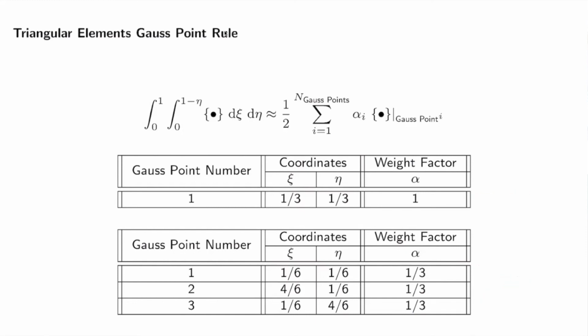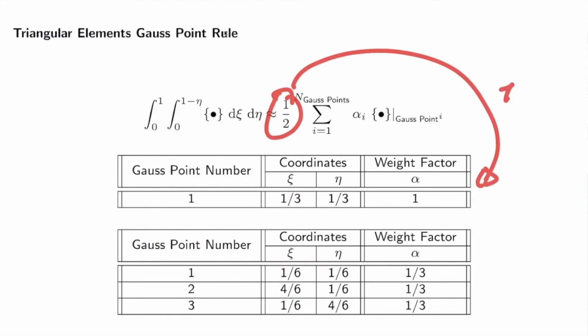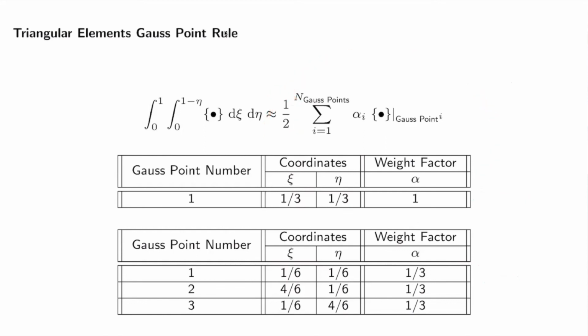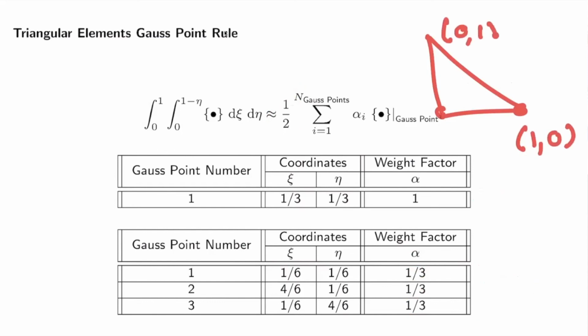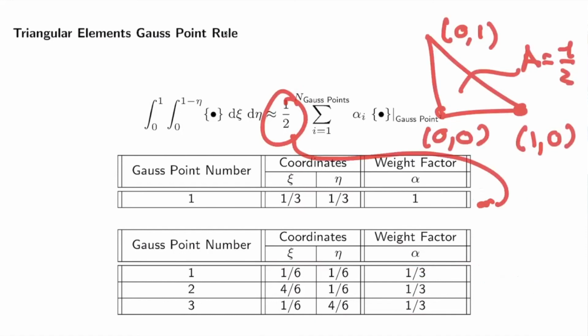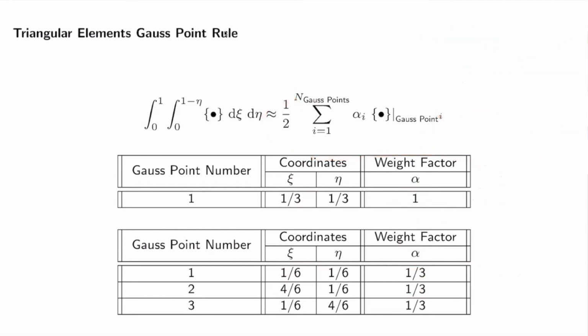Now, that 1/2, if you multiply it by that 1, that is exactly the area of the triangle that we had. So remember, the triangle in natural coordinates has the corners (1, 0), (0, 1), and (0, 0). So the area was 1/2. Okay, that 1/2 is exactly the 1/2 that you have here times the sum of the weight factors.